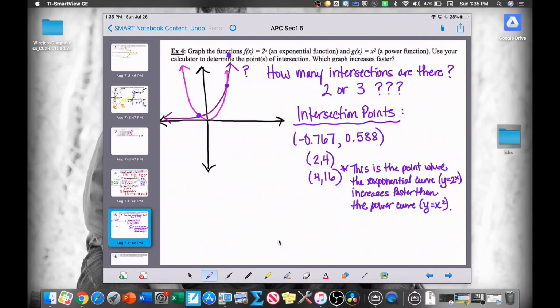Okay? And the important thing to think about is, if you did not adjust your viewing rectangle to be big enough, you may have missed one of your intersections. Okay, so there's a bear trap right there.